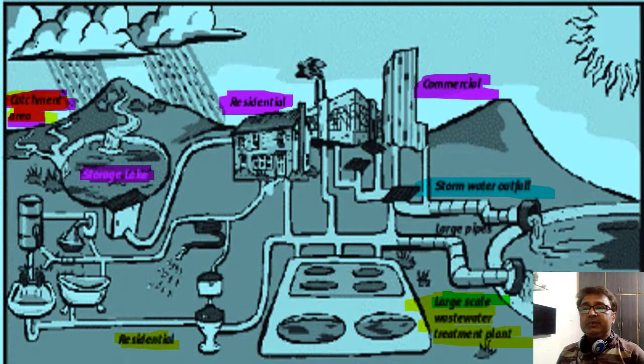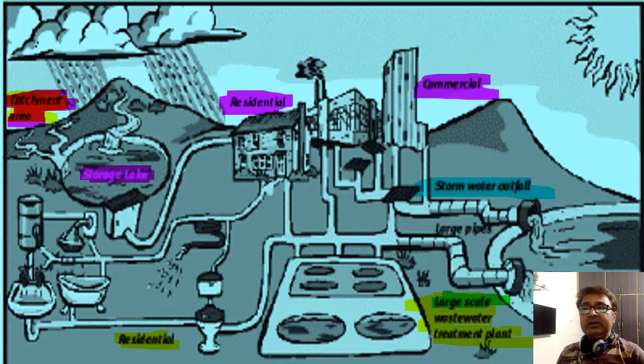So this picture shows the flow of the water. If we start from the precipitation, the catchment area collects the precipitation. From the catchment area through rivers, it goes to the storage lakes or dams or reservoirs. From the storage bodies, the water is supplied to the residential areas.